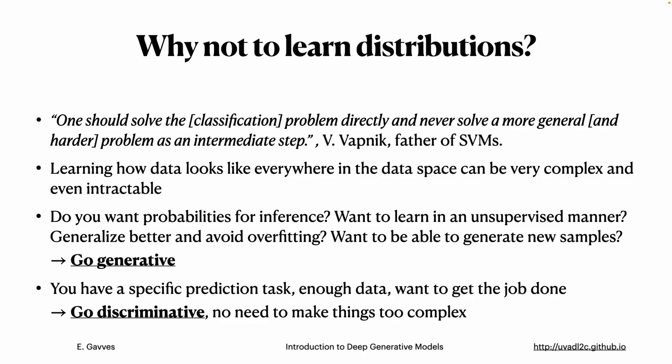If you want to generate new samples, definitely go for it, because that's the most straightforward way. Go generative. But if you have a specific prediction task, enough data and enough annotations, and you want to get the job done, better go discriminative. No need to make things more complex.